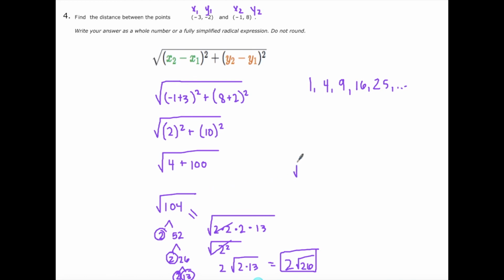So we can take the square root of 104 and split that up into the square root of 4, because we know that's a perfect square, times the square root of, and if we take 104 divided by 4, that gets us 26. And then we know the square root of 4 is 2. The square root of 26, we can't simplify at all. So that's just another way that we could get our correct answer of 2 square root 26.